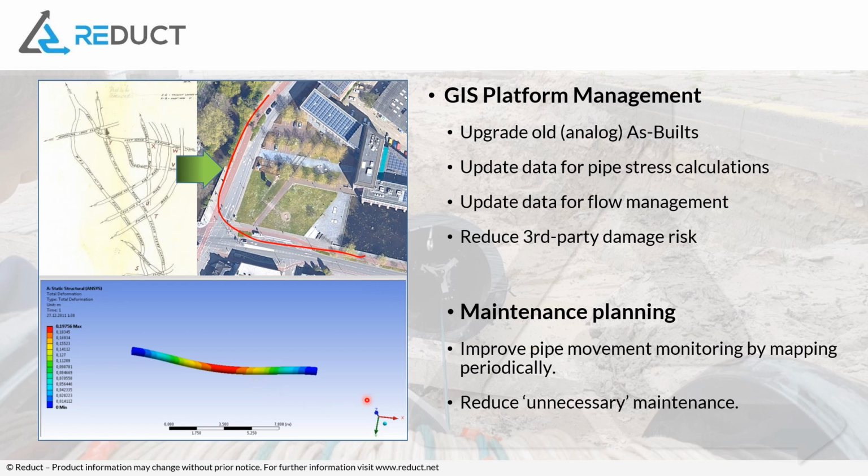If you map frequently, you can start to see the movement of pipes, if there is any, and then redirect your maintenance to points in the network where you expect failures to happen sooner rather than later. So that creates a dynamic maintenance element to it, and that reduces unnecessary maintenance. And maintenance cost, as we all know, is a large chunk of a utility's budget for any infrastructure.